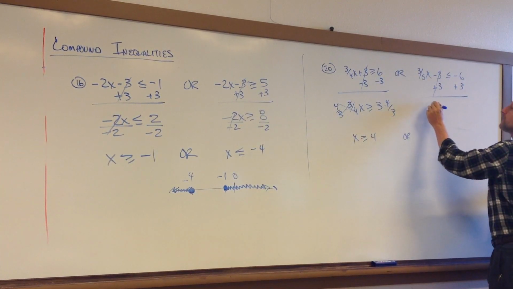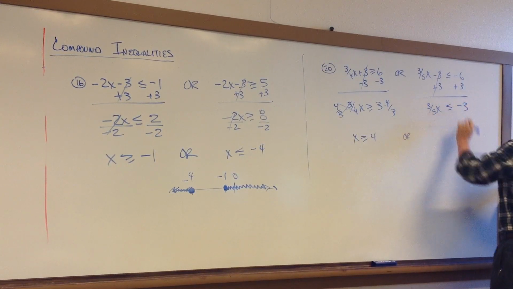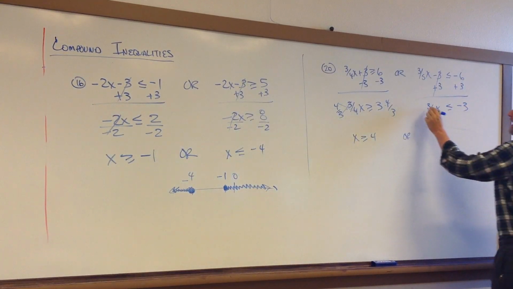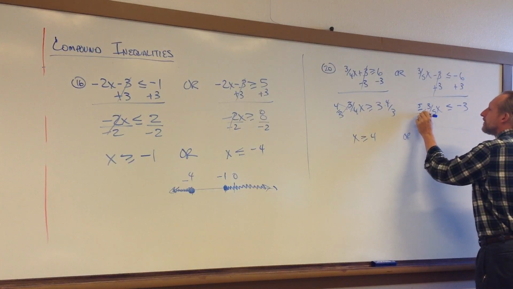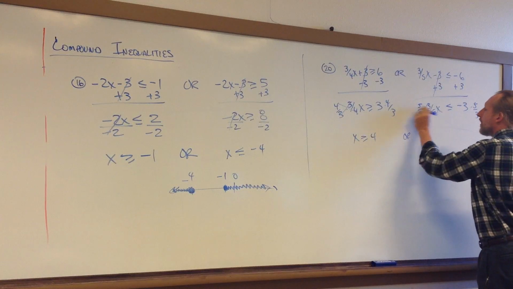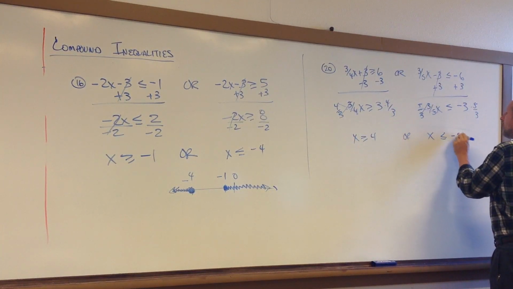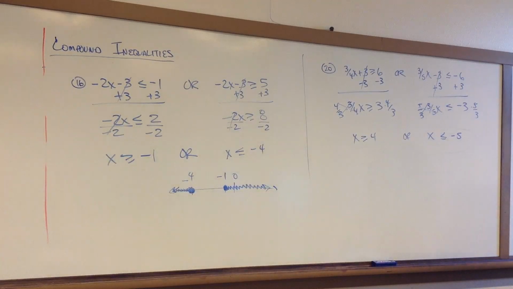Let's see, same thing here, add 3 to both sides, 3/5 x less than or equal to negative 3. And then again, you can divide by 3/5. I'm going to multiply by 5/3. And then we get x less than or equal to negative 5.